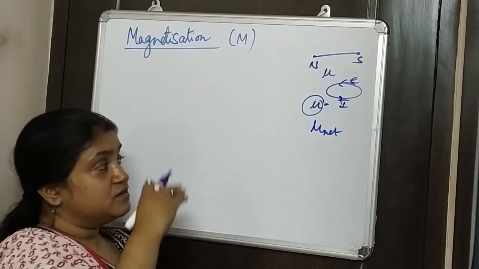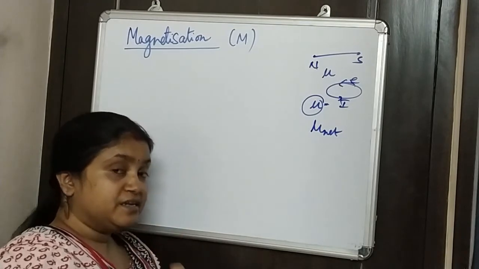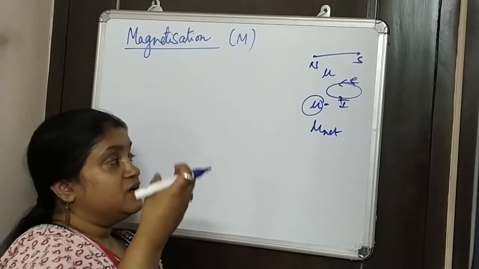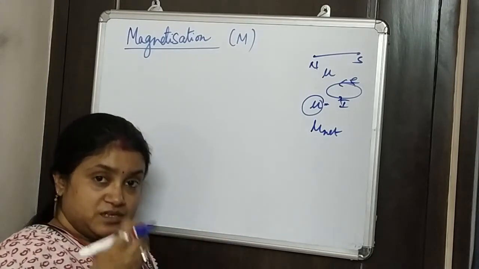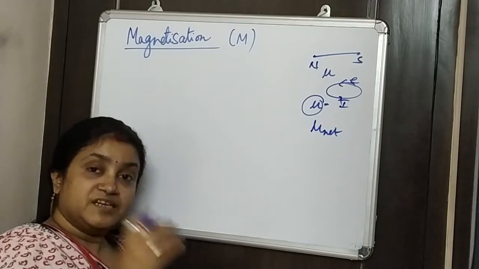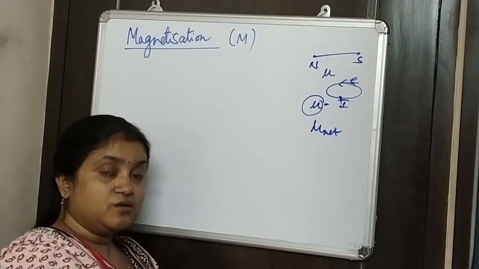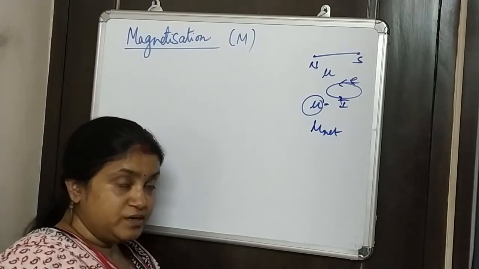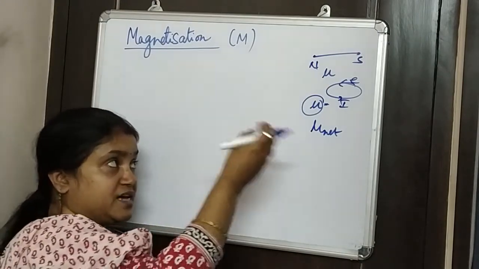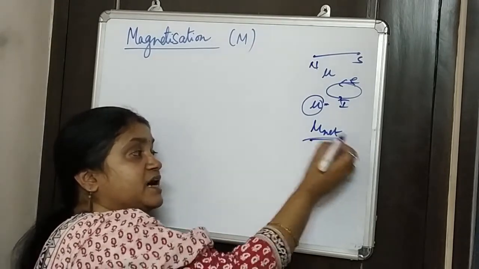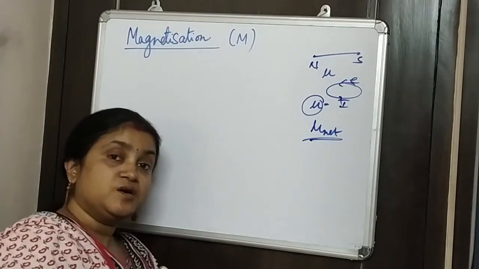The total magnetic dipole moment of all the atoms' electrons will add up vectorially, and they will give a net magnetic moment. We cannot call it a dipole moment anymore, but as there will be many such dipoles, we can call it the net magnetic moment.